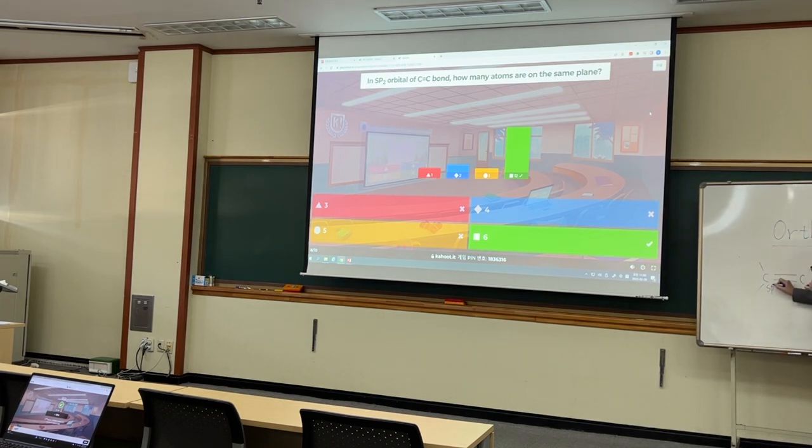sp3, sp2, sp2. Two atomic orbitals meet together, right? And then they form this bond. And then this one, same plane. This one, same plane. This one, same plane. At least minimum 6 atoms, they should be on the same plane.